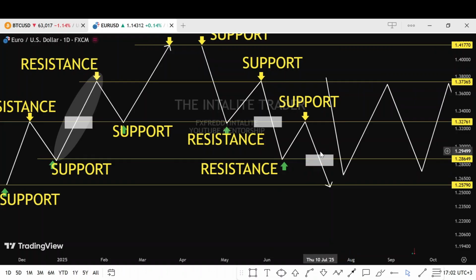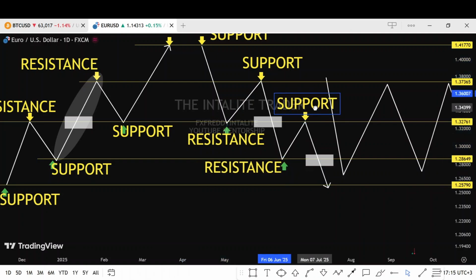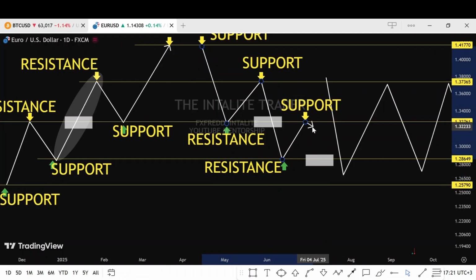This is a breakout momentum because sellers are strong, so they pushed price past the previous resistance level, and because they got support from this price area or zone, they were able to break past the previous resistance level. So we call this a breakout momentum.